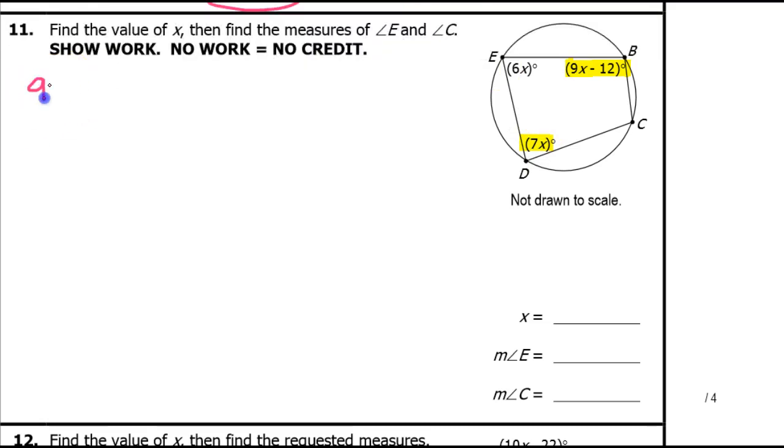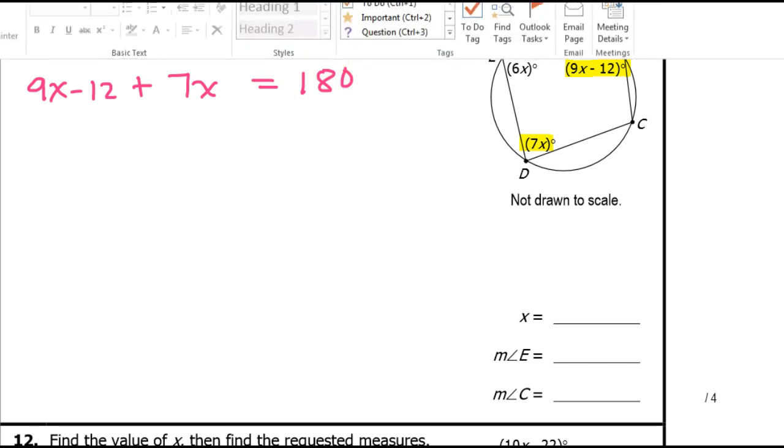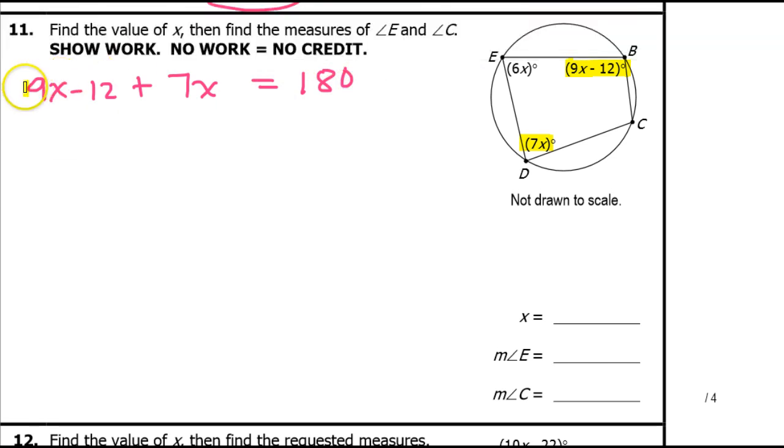So 9x minus 12 plus 7x must equal 180. Like terms are on the same side of the equation. We have the 9x and the 7x. So that's going to make 16x, bring down the minus 12, is equal to 180. Let's go ahead and add 12 to both sides.